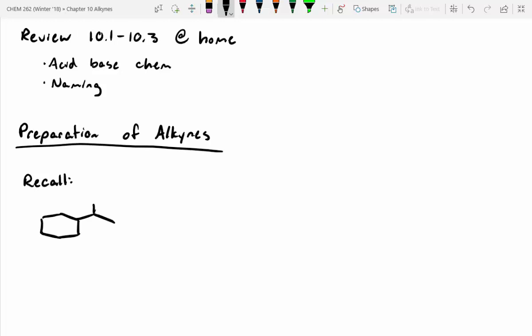where I've got a halogen coming off here, and I want to make this into styrene, which contains a double bond in it. What should I use? What reagent would be appropriate? Probably some sort of base, right?